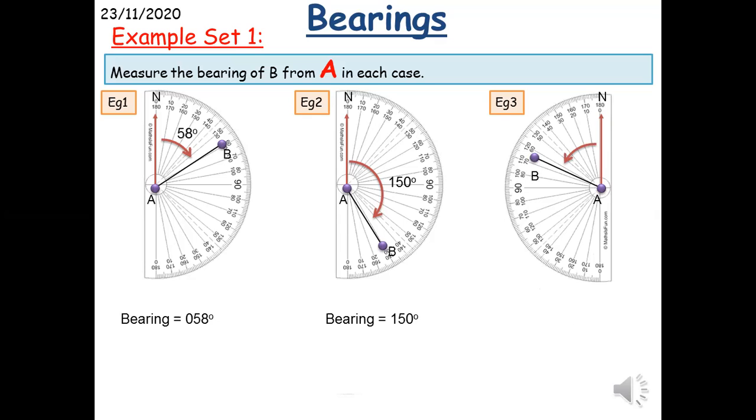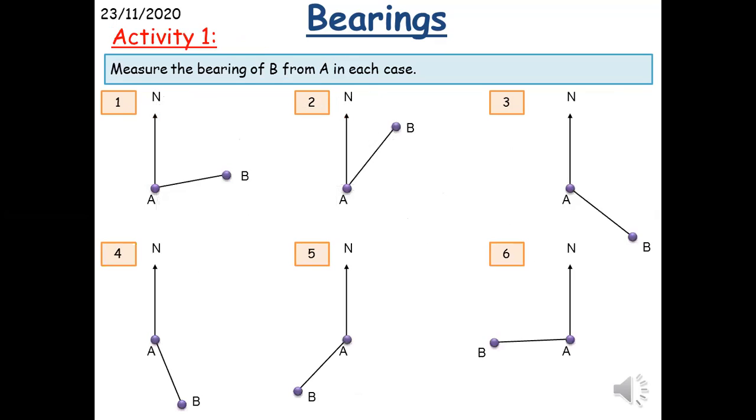After I get it, it will be 64. I must take it away from 360. Why? Because the full angle was 360. I will take this part to get the outside part, which is 296 degrees.